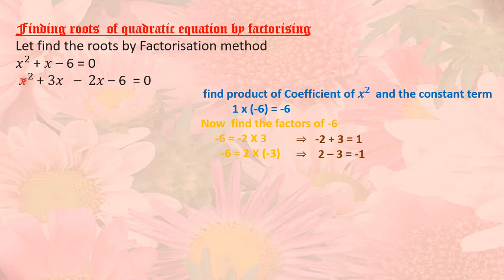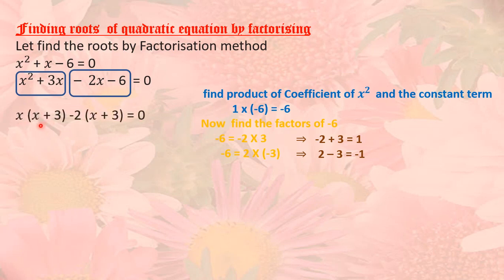From the first two terms, x square plus 3x, we take x common, so the rest of the quantity is x plus 3. Similarly, from the next two terms, we take minus 2 common, as both terms have the minus sign and 2 is present in both terms. So minus 2 is common, and the rest of the quantity is x plus 3 inside the bracket.